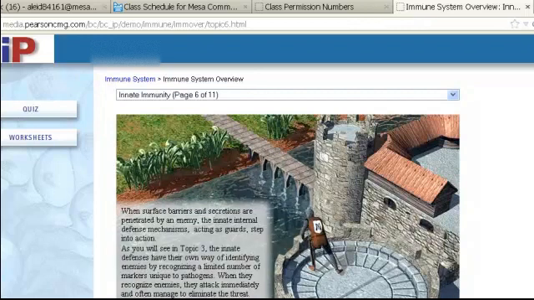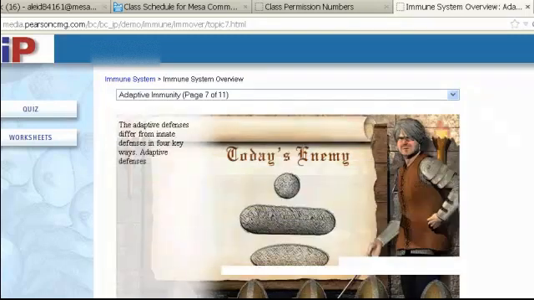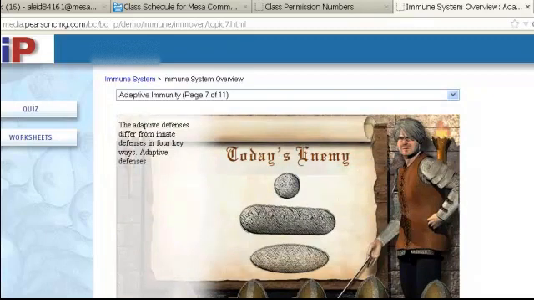And then if it gets past that, then we still have innate or non-specific immunity that can continue to protect us inside. But when we get to the specific or the adaptive immunity, we said the specific nature of it means that it cares exactly what is attacking you.